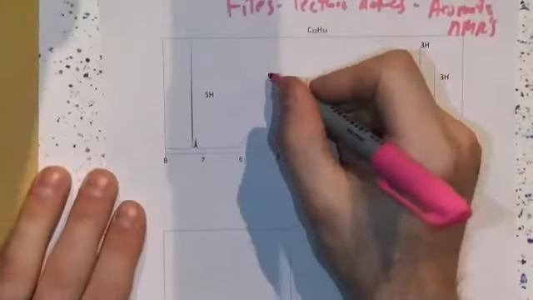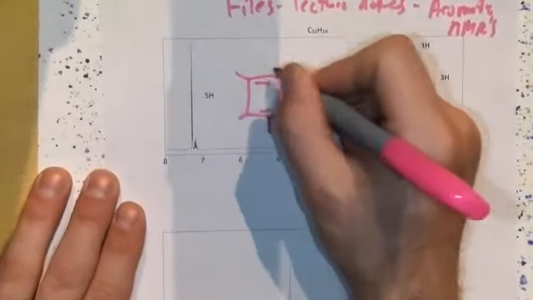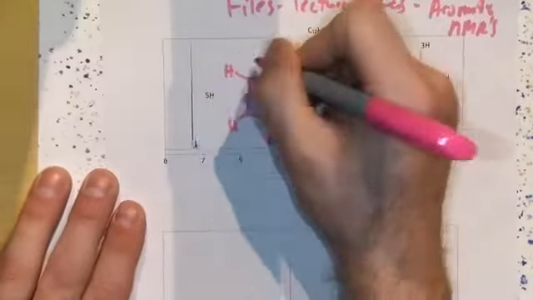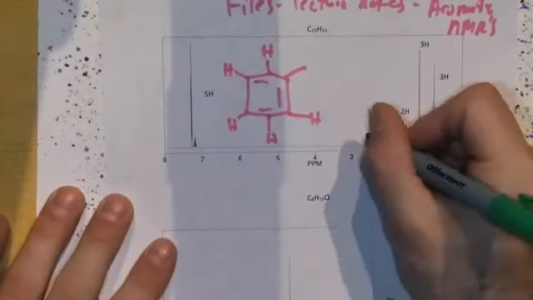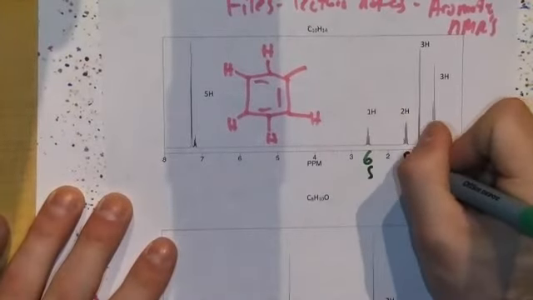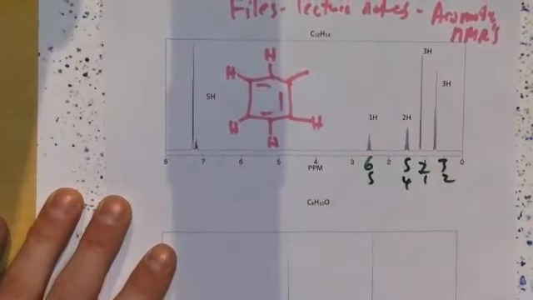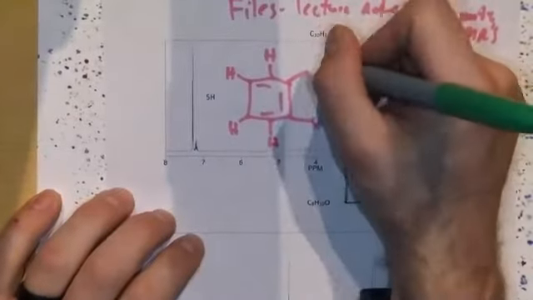It's a 5H, which means it only has one open spot. We've got, this is 6, 5, 2, 3 here. Between 2 and 3 is attached to a ring, so that would be our CH.